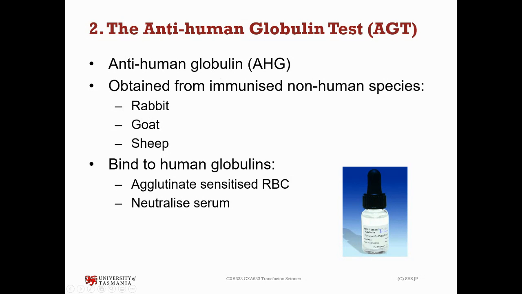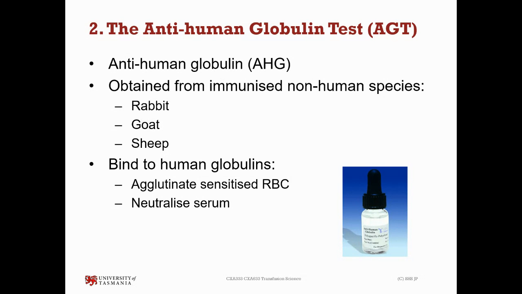The antibody class that's injected into the animals is IgG, so the AHG reagent is specific for IgG. We can also inject animals with C3d, the complement fraction I mentioned, and we will get an anti-C3d reagent, but more of that to come.